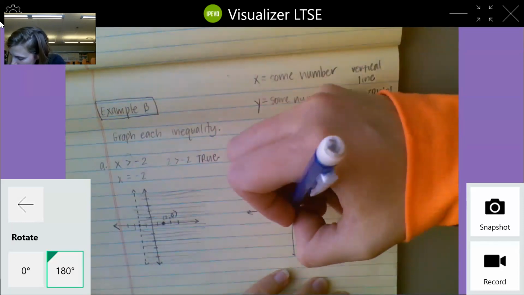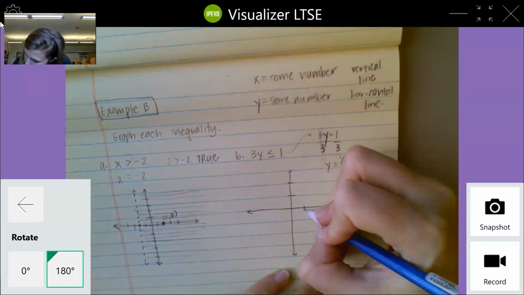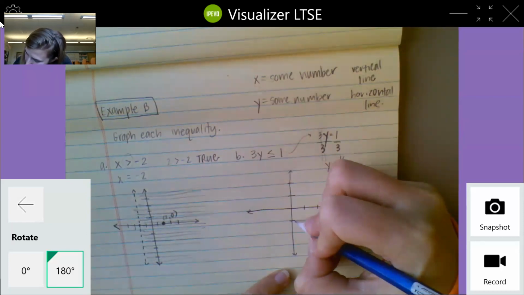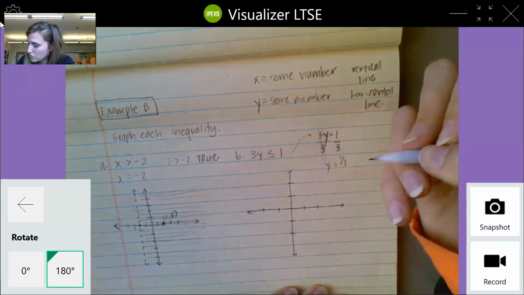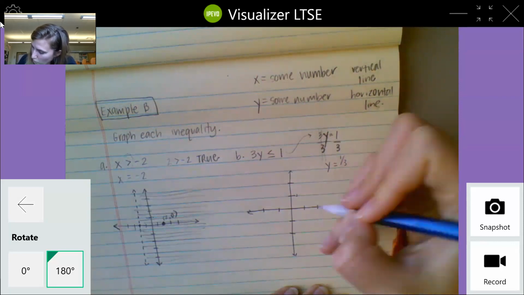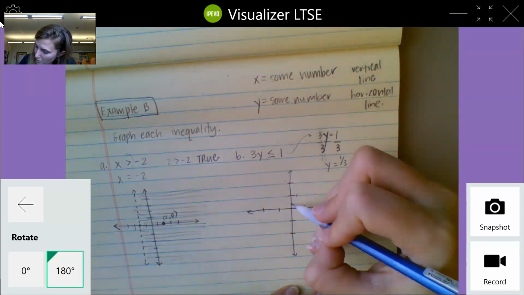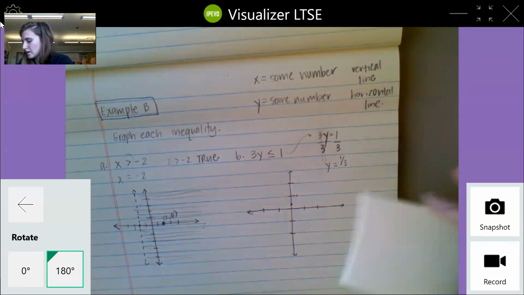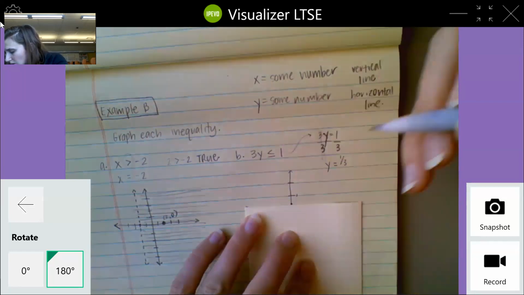So let us say that this is going to be 1, 2, -1, -2. That's 1. Then y equals 1/3 would be right there. Again, I'll create a horizontal line.